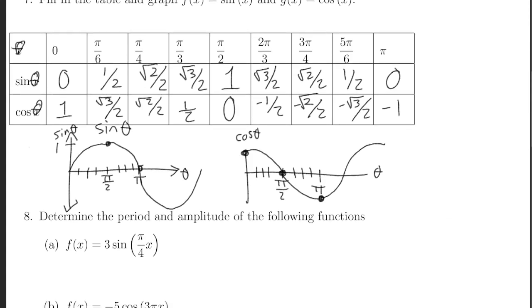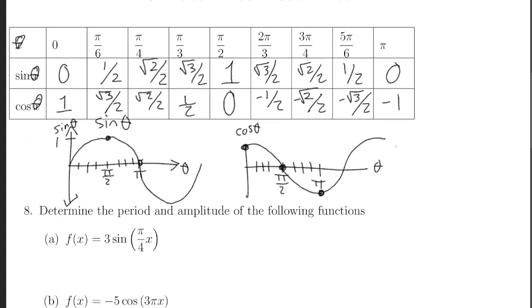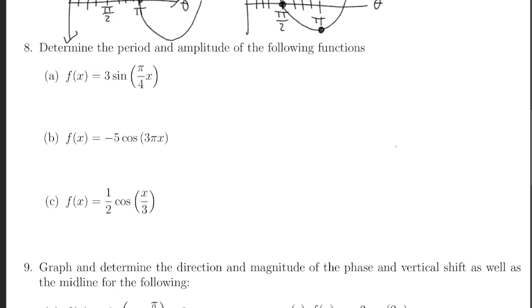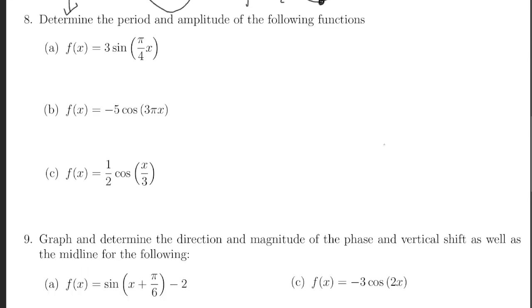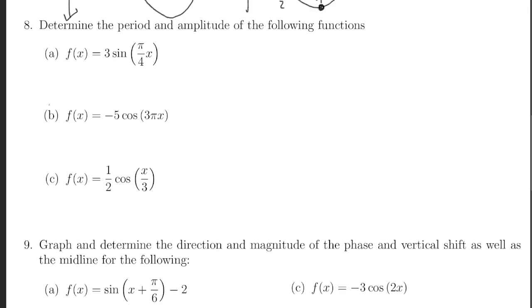Now, that's just to give you a little bit of a taste of what these functions actually look like. Now, if we go over here, these are going to rely on some new information for us. So we need to know the standard form of the sine and cosine graph. They work the same way, so I'm going to give it to you for the sine, but if you literally replace sin with cos, this is the standard form of cosine as well.